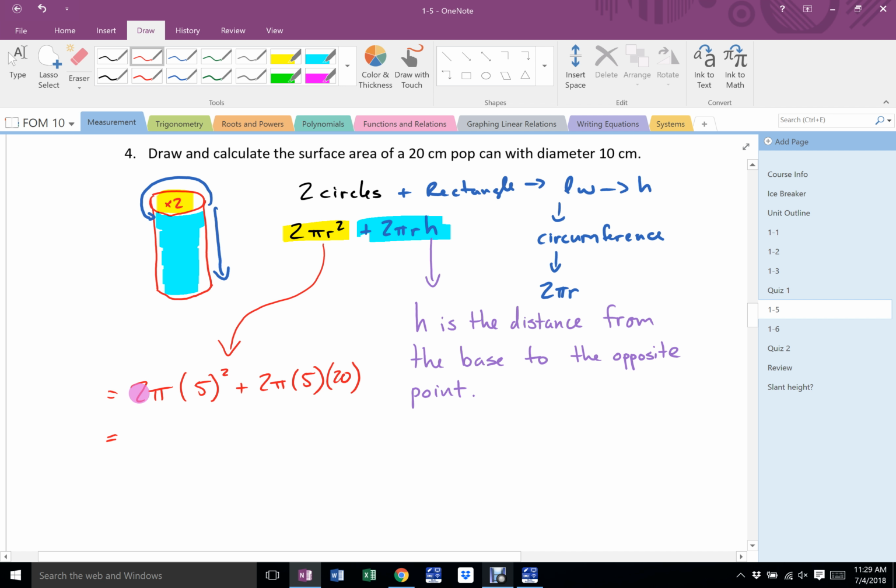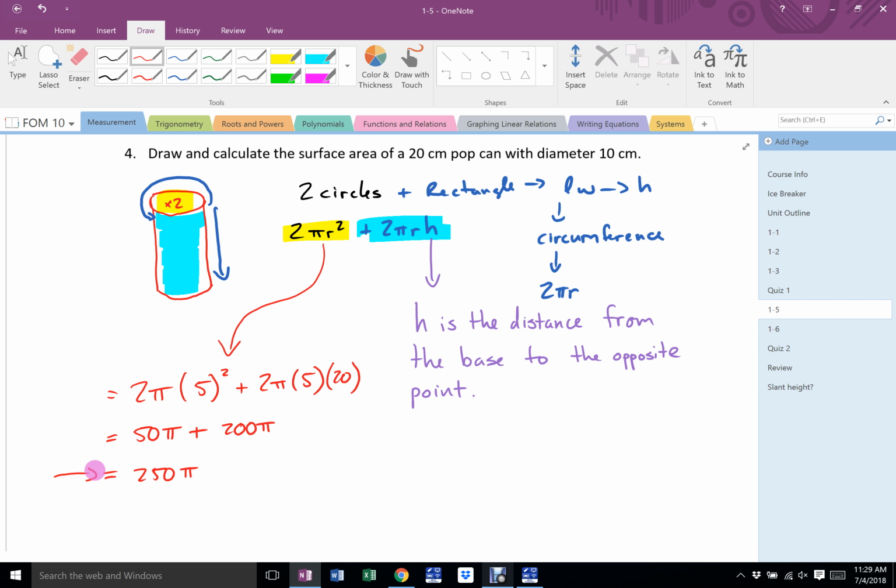What's 25 times 2? 50 pi. Plus, what's 2 times 5? And 10 times 20? 200 pi. Then what do I do with these 50 pi's and these 200 pi's? To get 250 pi. That is where you will want to be.